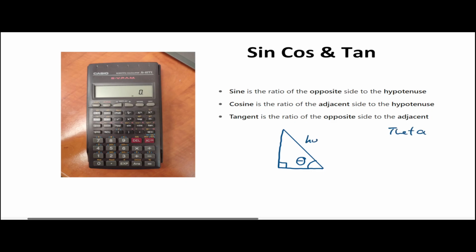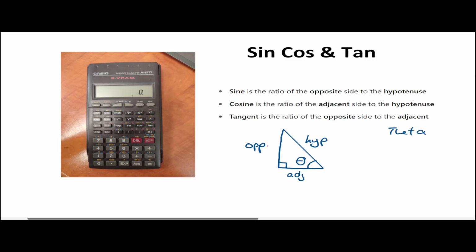So of course this is the hypotenuse side. This side, which is adjacent, which means next to both the theta and the right angle, is the adjacent side. And this side here, which is opposite the theta, is of course the opposite side.